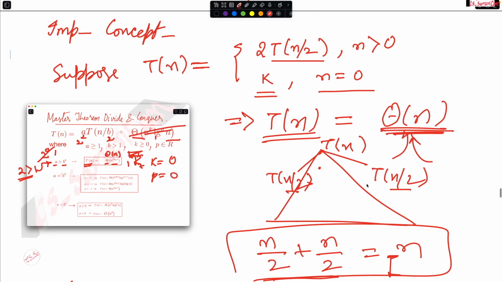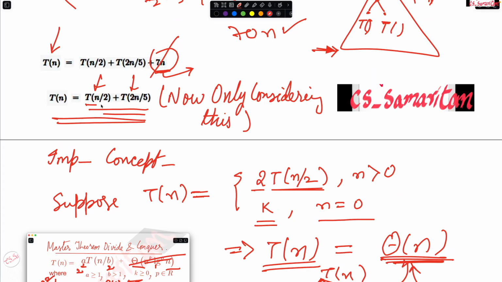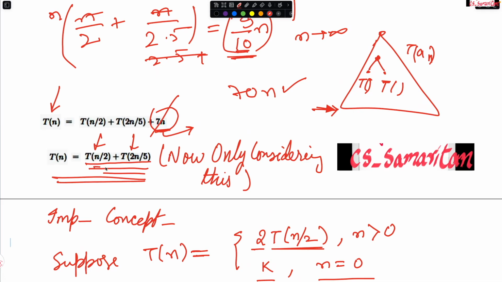The thing is, at every single level, if the coefficient is less than 1, the total number of leaves that we are going to get at the very end is limited because of that. The total number of leaves present for T(n) equal to 2 times T(n/2) is going to be greater than the number of leaves that we are going to get if the expansion is done like this. Why? Because at every single turn, the divisions over here lead to T's that have a smaller quantity of input.